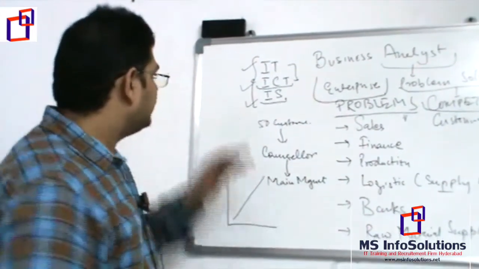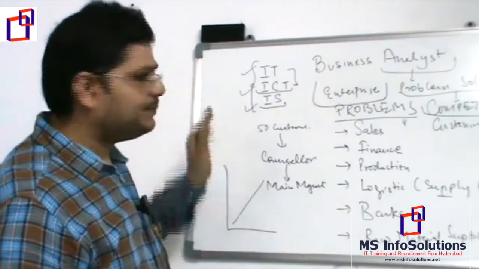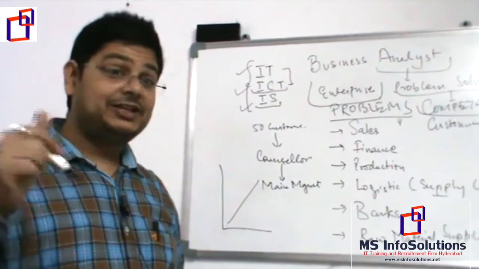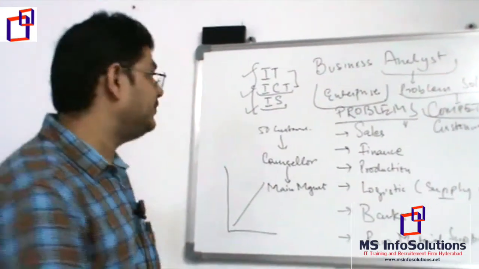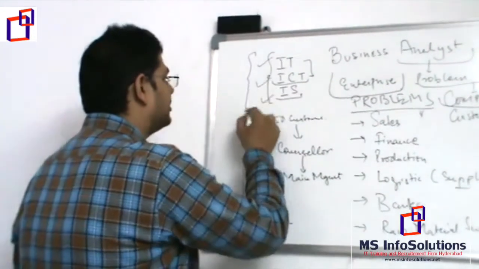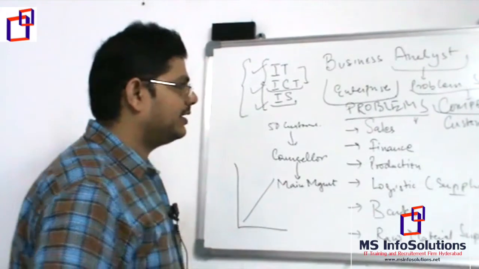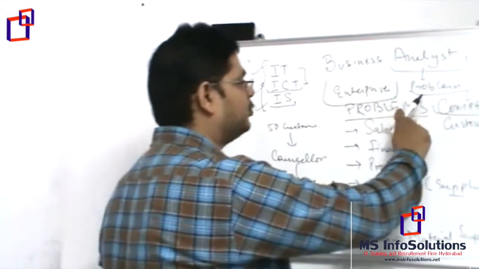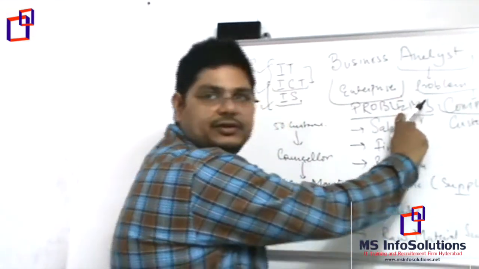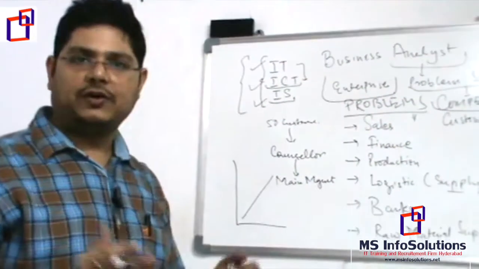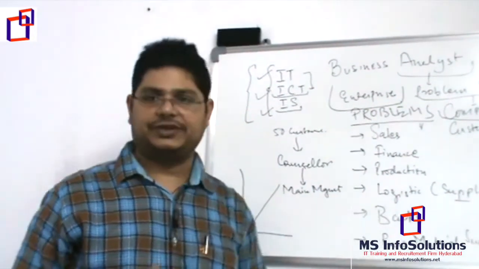Clear? So as a business analyst, or especially an IT or IS or ICT business analyst, we are supposed to provide solutions from this arena. This can help the businesses to really get benefit out of it.